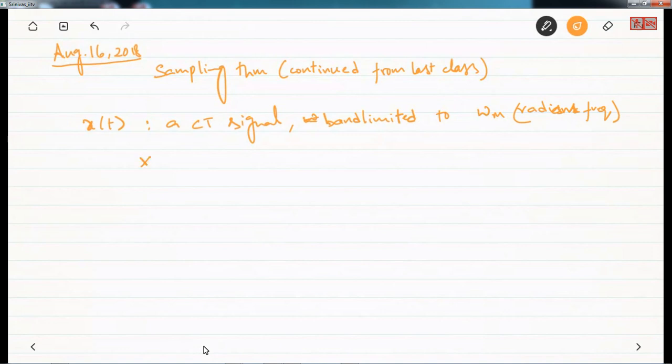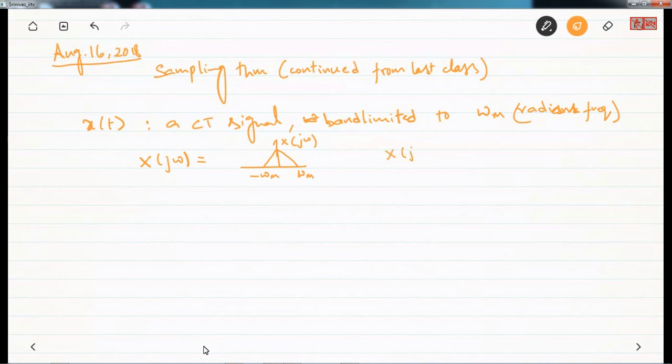And X of j omega is what we considered band limited.